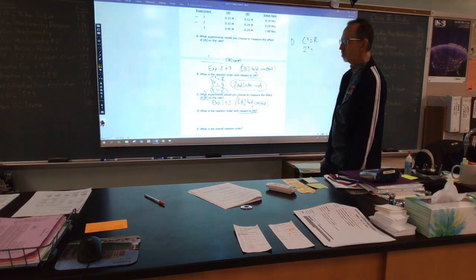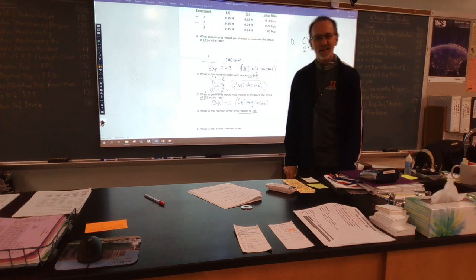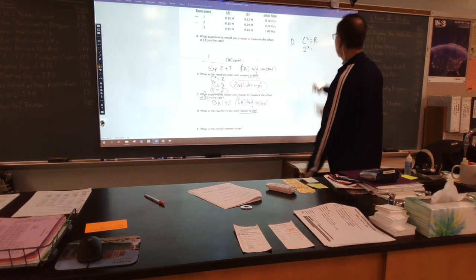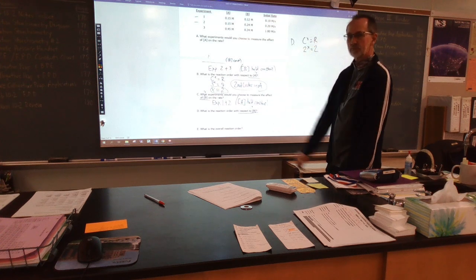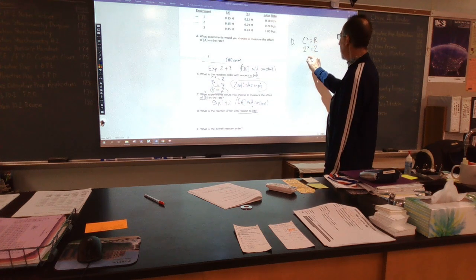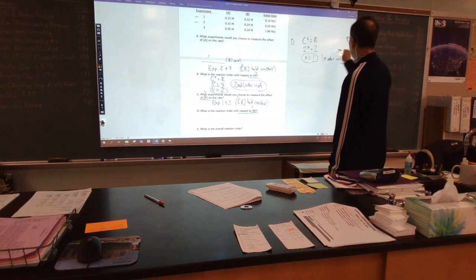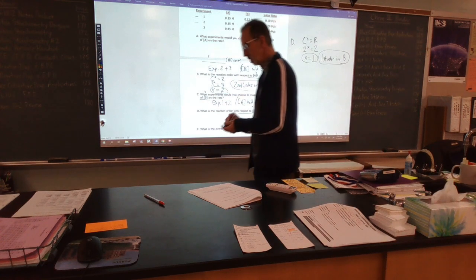In experiment 1, it's 0.10. 0.20 divided by 0.10 is 2. The rate increased by a factor of 2. R is 2. What exponent makes that true? That would be x equals 1. It is first order in B.